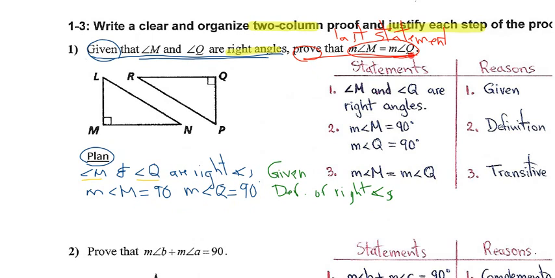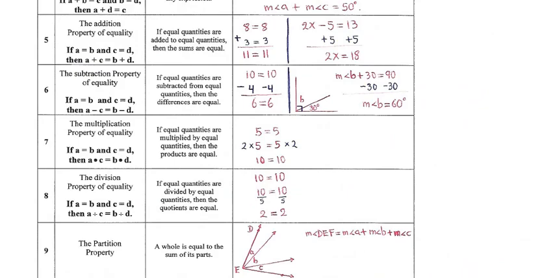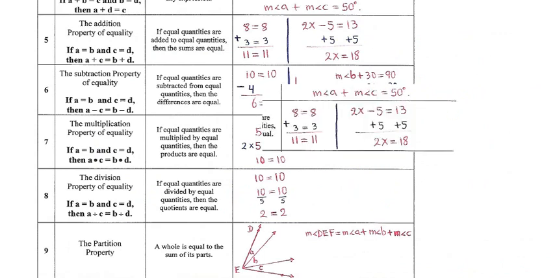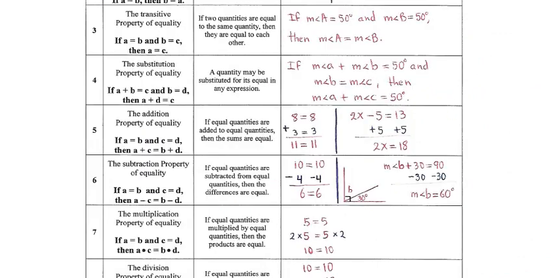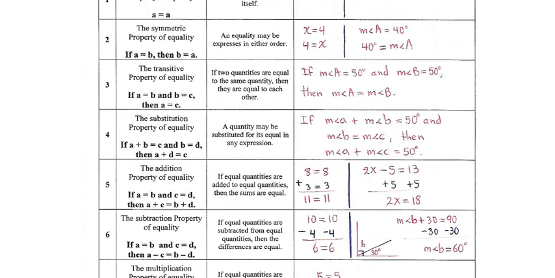Well, we look at the properties, and there are actually some properties that will help us to combine two equations into one. So we have the transitive property of equality, and we have the substitution property of equality, which allow us to combine two equations into one.